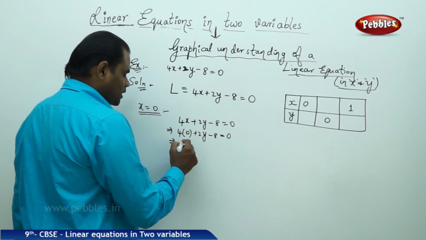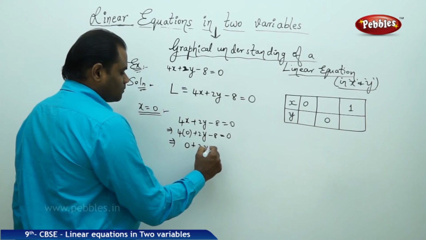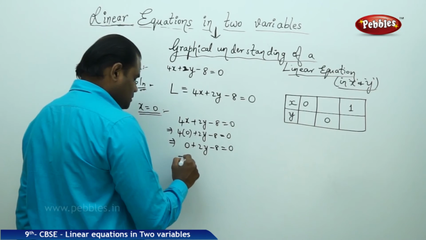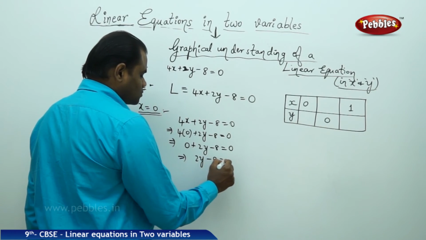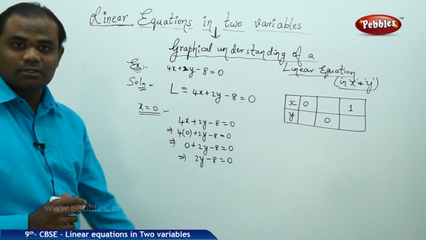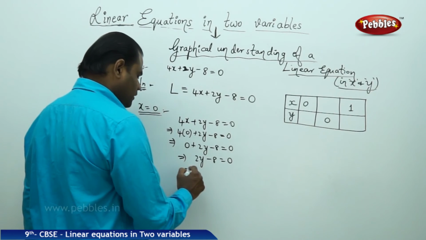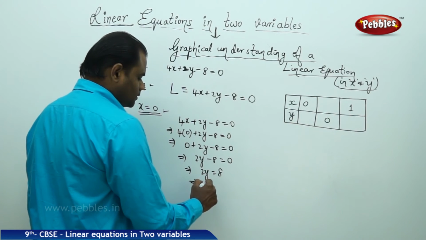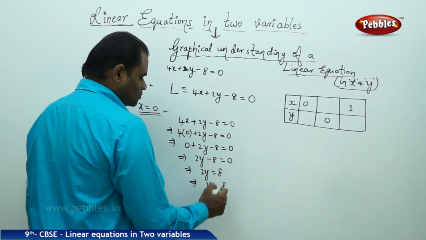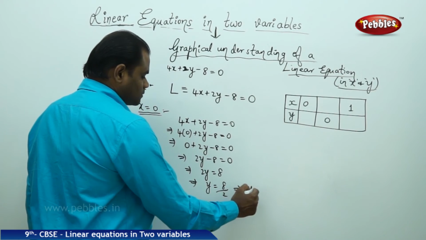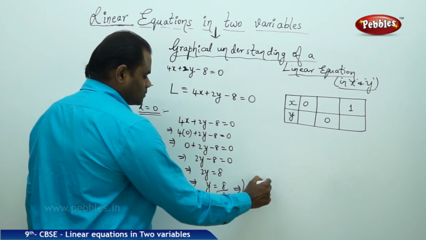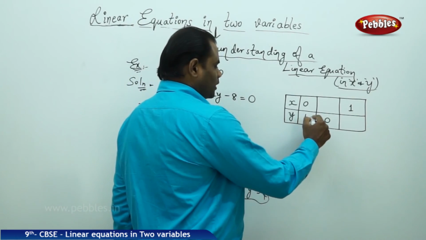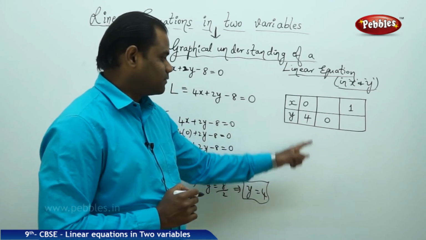This simplifies to 2y minus 8 equal to 0, so 2y equals 8, which implies y is 8 by 2, so y is 4. Therefore, when x is 0, y is 4, which gets filled in this box.